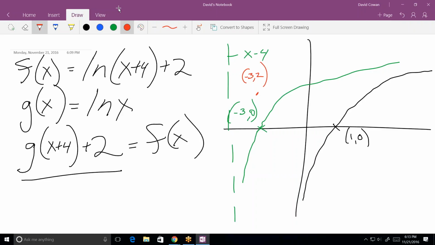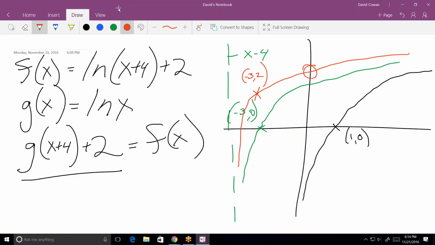And notice that that vertical shift does not change the vertical asymptote. So I'm still going to be coming up through that vertical asymptote. It will change the y-intercept, if your teacher ever wants the y-intercept in addition to the key point. Just plug in 0 for x.